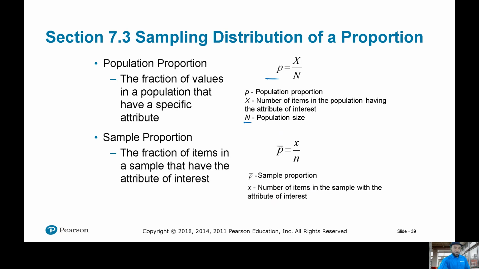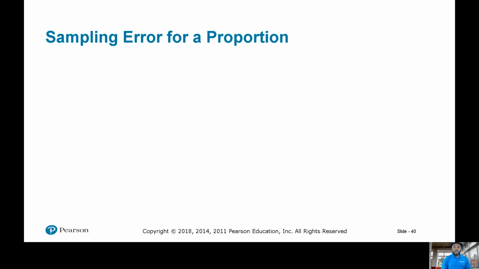Now for the sample proportion, P hat is a sample proportion, and X is also the number of items in the sample, this time around, not population, but sample with the attributes of interest. And small n is the sample size. Okay, cool. So let's look at what we spoke about earlier.